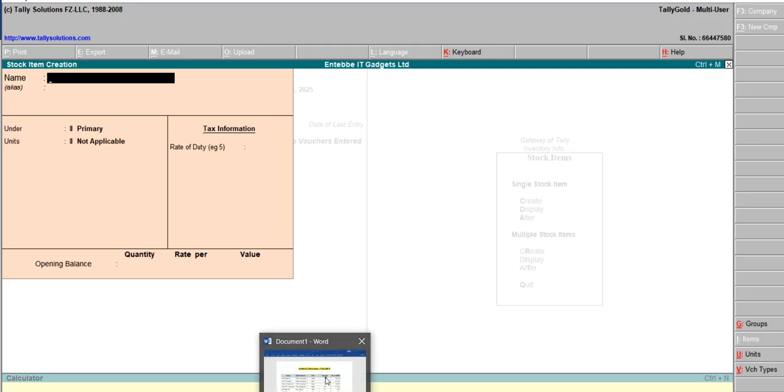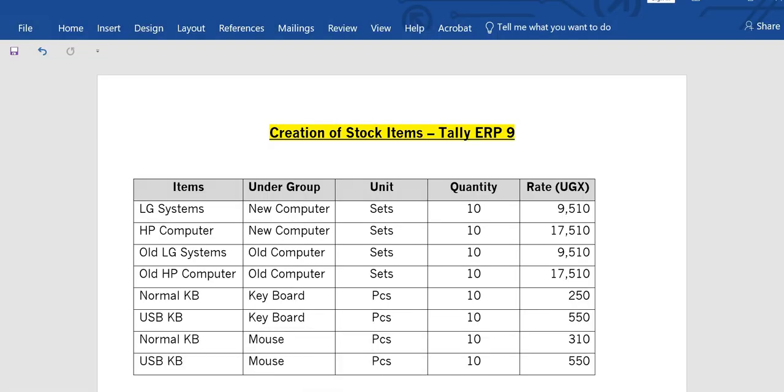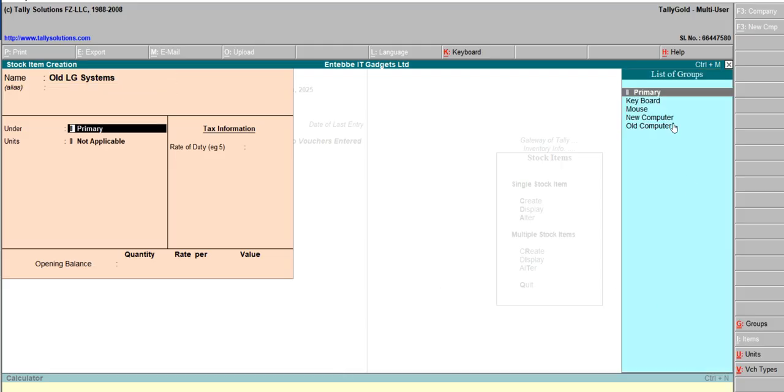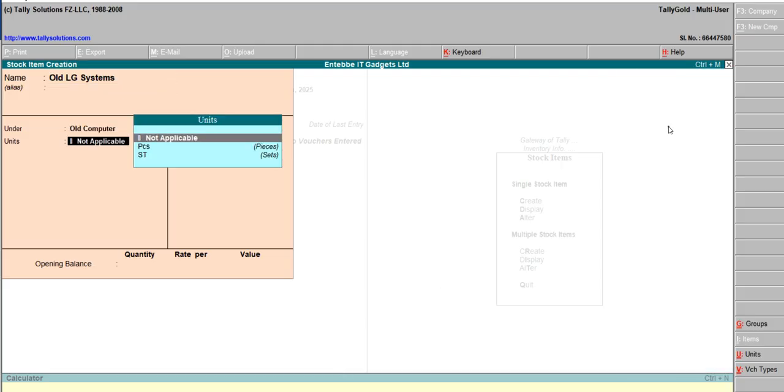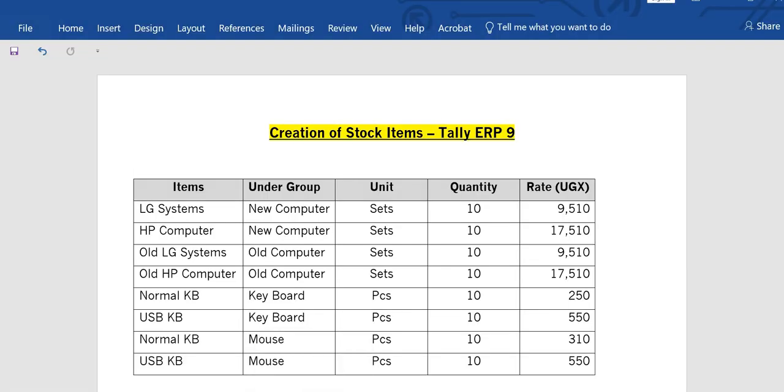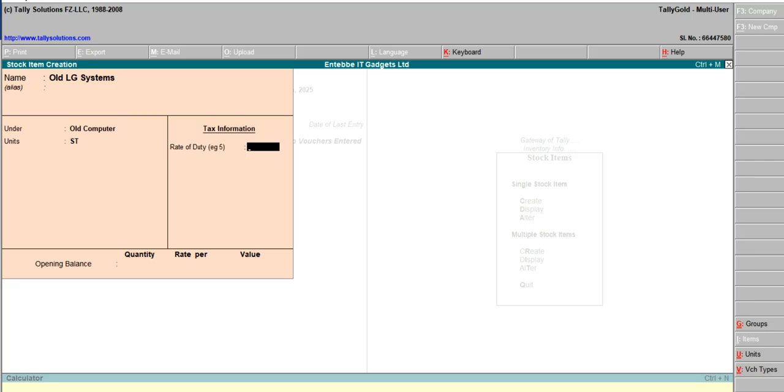Next item is old LOG systems. This is old computer, that's the group. Units are sets, that is the unit of measure.